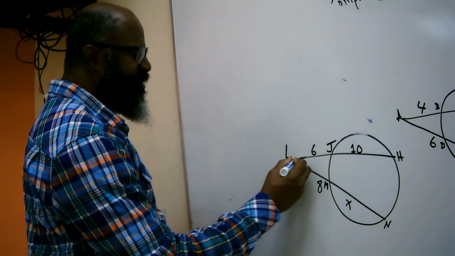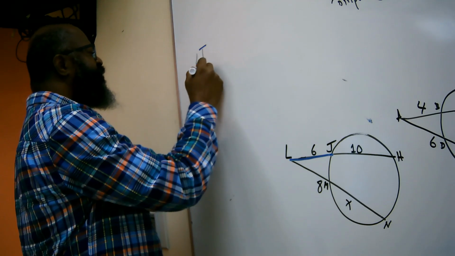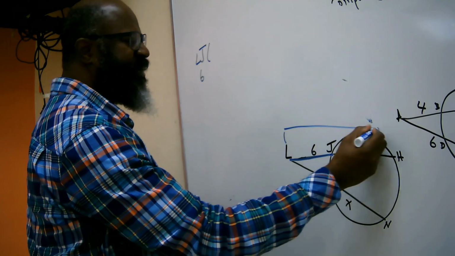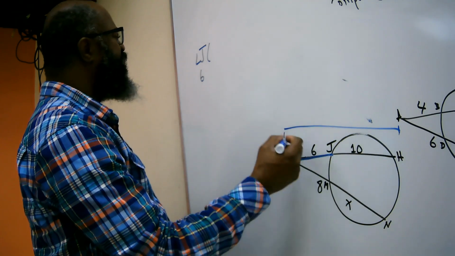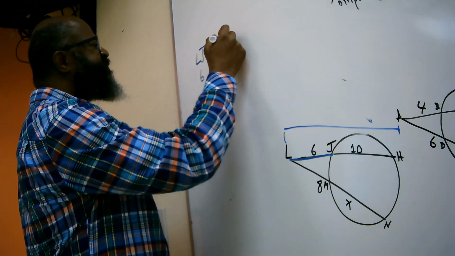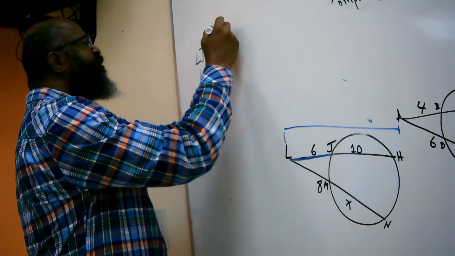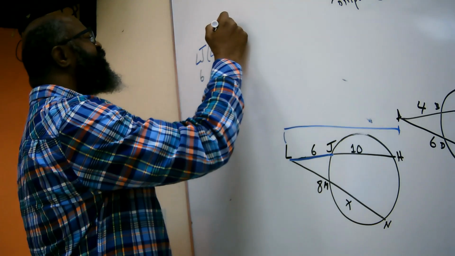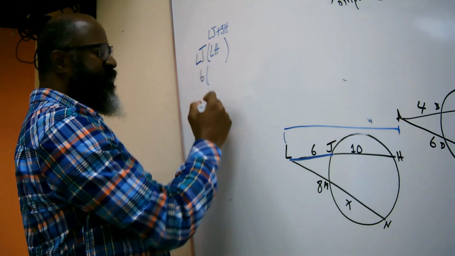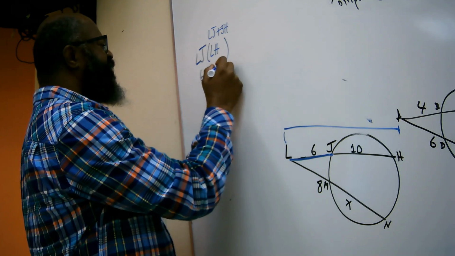You take the external part, which is LJ, which is 6, times the entire secant, which is LH. Now to find LH, LH is LJ plus JH. In this case, LJ, which is 6, plus JH, which is 10.